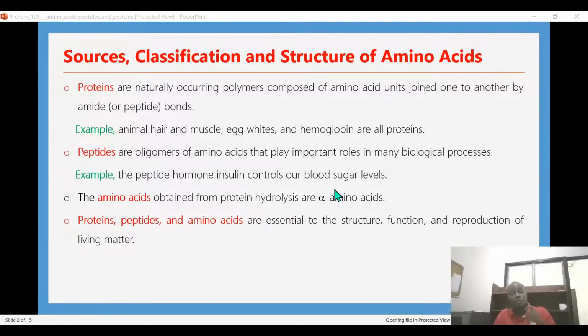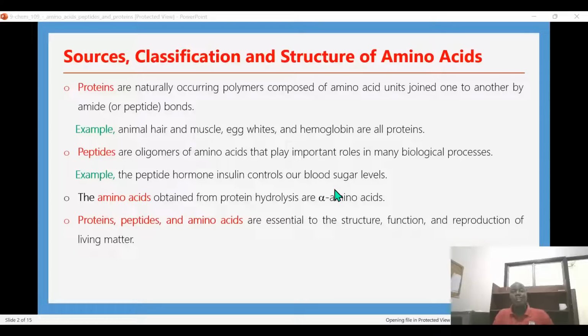I said to check after the video, after the class; I'm not saying you should be distracted. After the class, then you check and confirm. So proteins, peptides, and amino acids are very important in the structure, function, and reproduction of living matter.